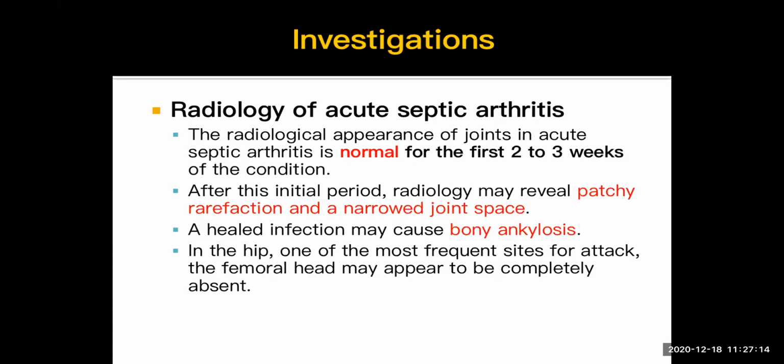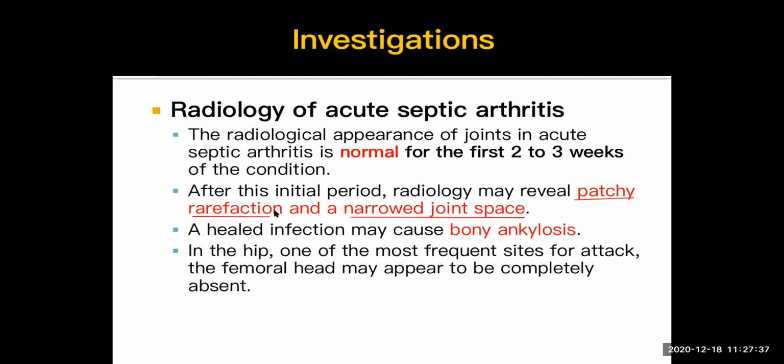That's why in first 2 to 3 weeks of the condition, the ordinary X-ray, I should say, is looking normal. After this initial period, radiology may reveal, see here, patchy rarefaction and a narrowed joint space.